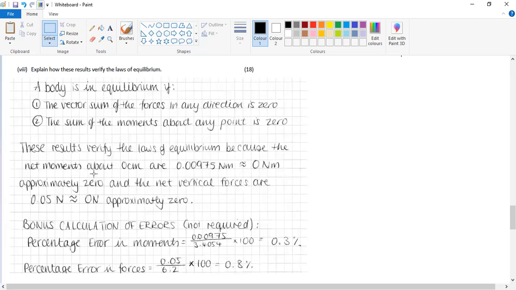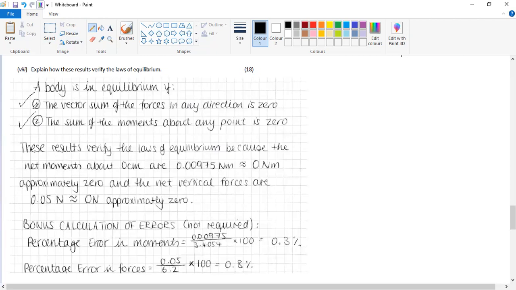So the net moments are approximately 0, and the net vertical forces are also approximately 0. You could just have said that without putting in any numbers. You could just say my net moments are approximately 0 and my net forces are approximately 0, and those are the 2 things that we need to tick the box. We say, yep, my forces are nearly 0 and my moments nearly 0, so I'm in equilibrium.